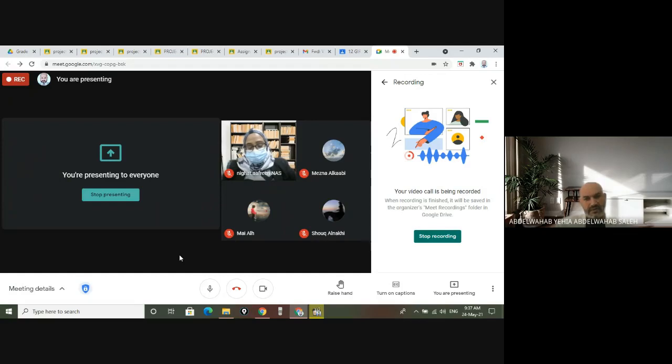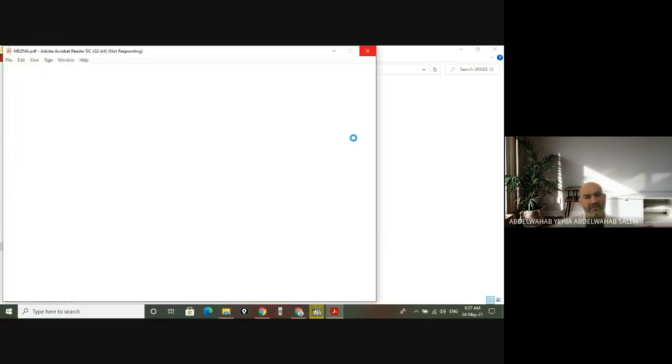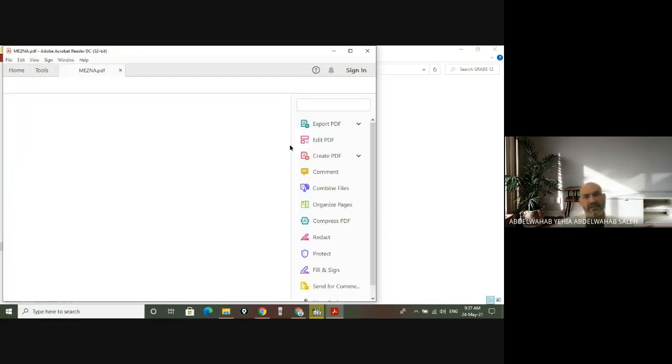What did they do each time, and so on. So let us start with the first, the Mizna and Shok group, showing the steps and the phases of the project step by step: how to solve it, how to answer, how to collect the data, and so on.